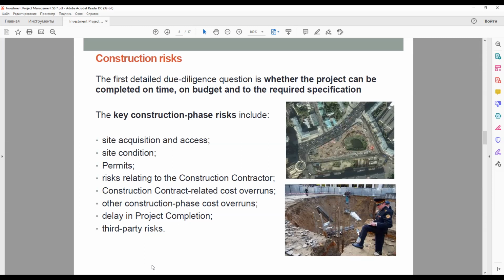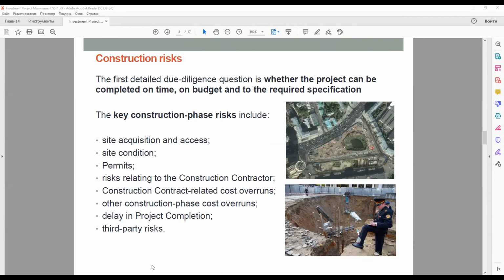Okay, welcome back. Let us discuss construction risks. The first detailed due diligence question is whether the project can be completed on time, on budget, and to required specification. This question obviously mainly revolves around the risks inherent in the construction process.